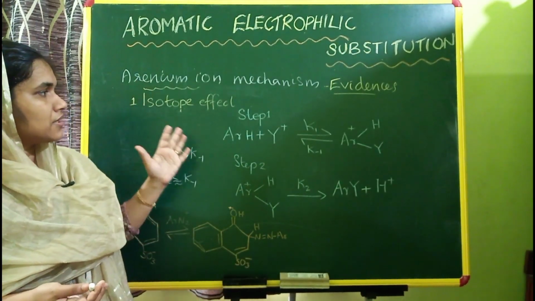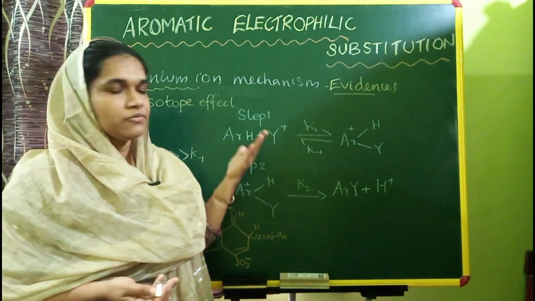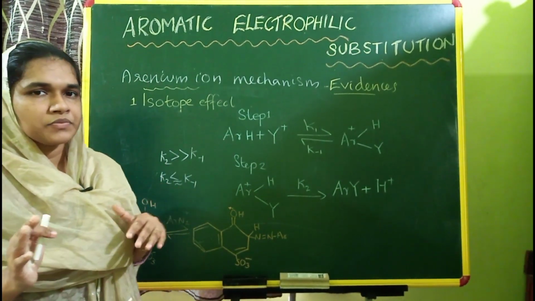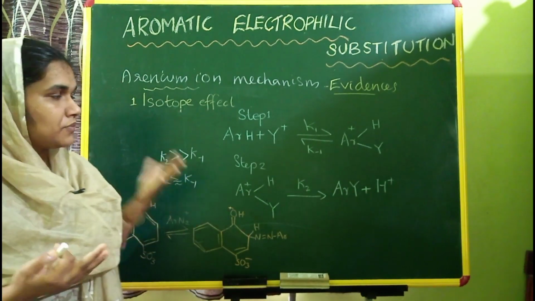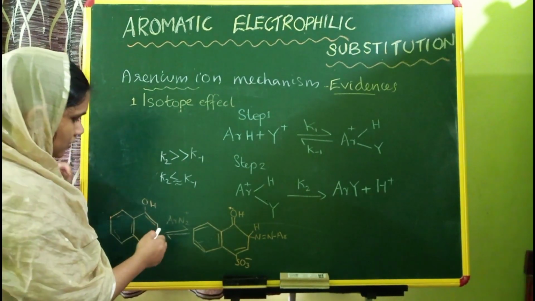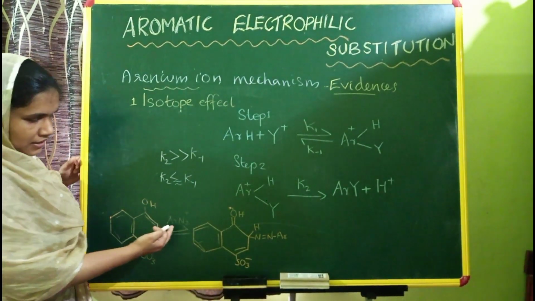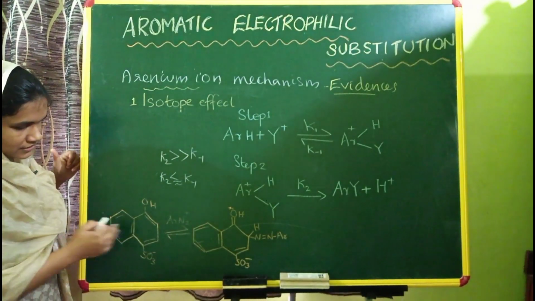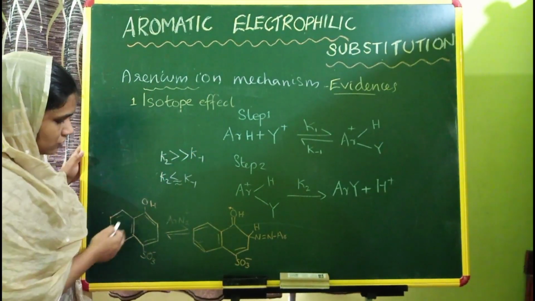In such cases, there may be involvement of the primary kinetic isotope effect. It is not the main case, it is an exception. Okay, I will write some examples. Here there is no primary kinetic isotope effect.